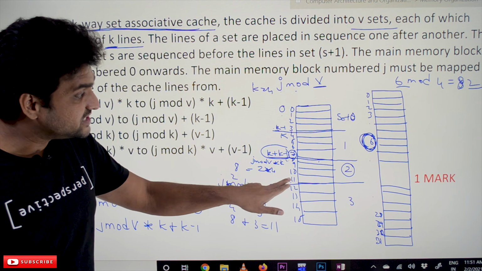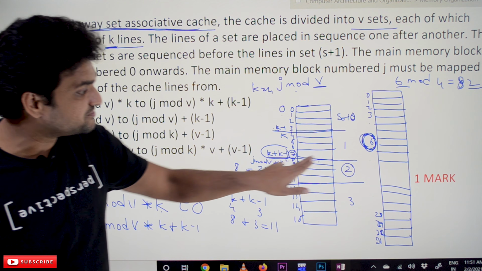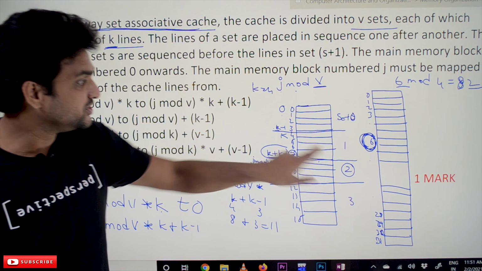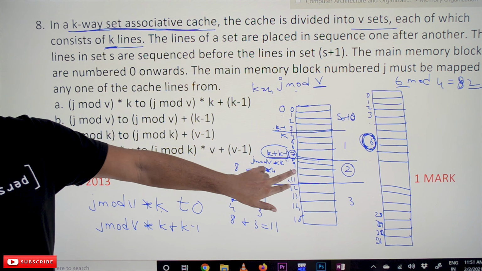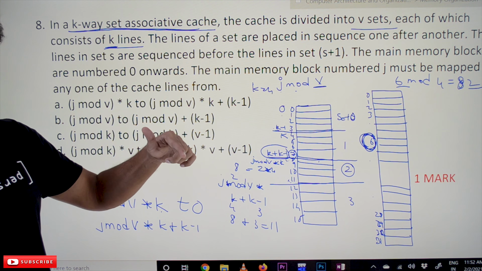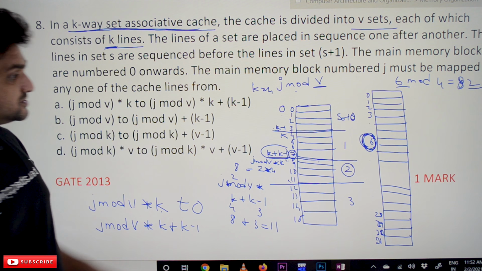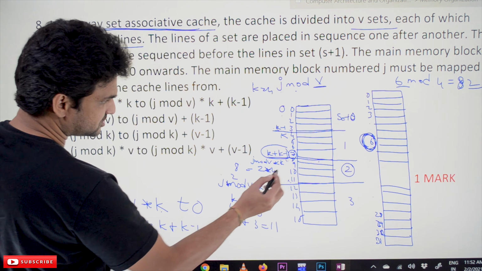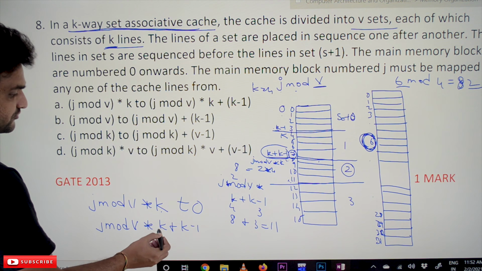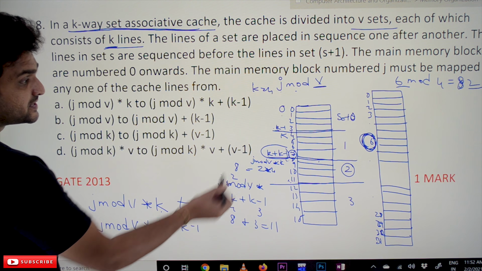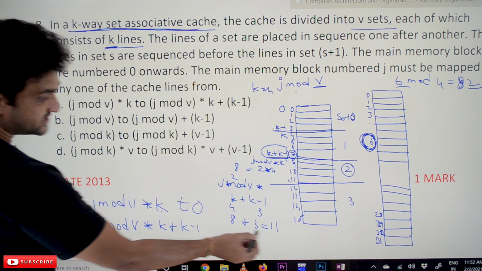Similarly, to get this range, we multiply this set number with these values. 2 into 4 is 8, and 2 into 4 plus 4 minus 1 is 8 plus 3, which is 11.